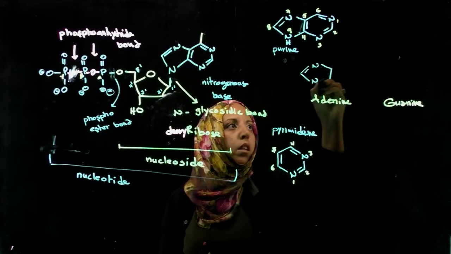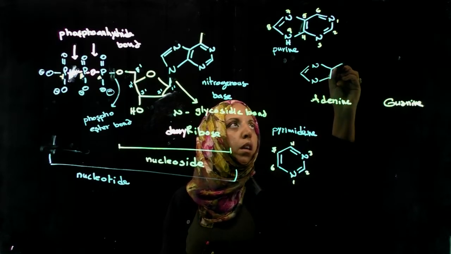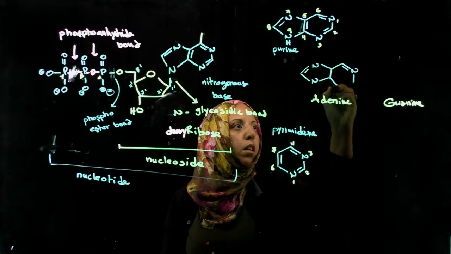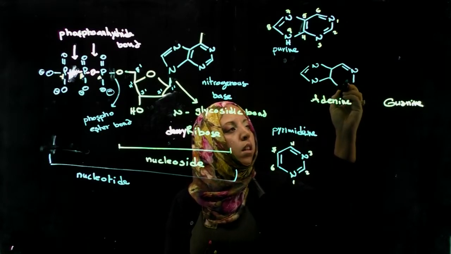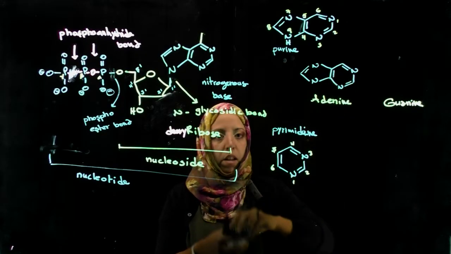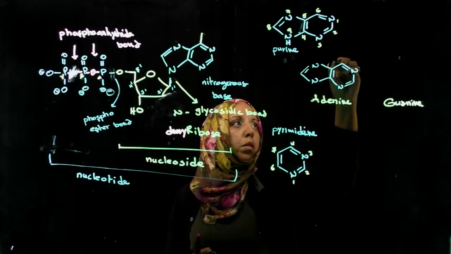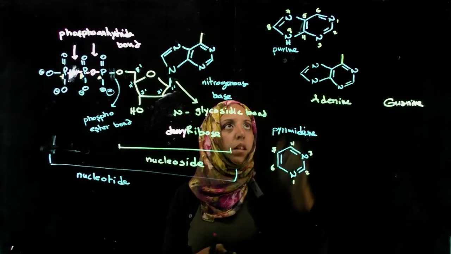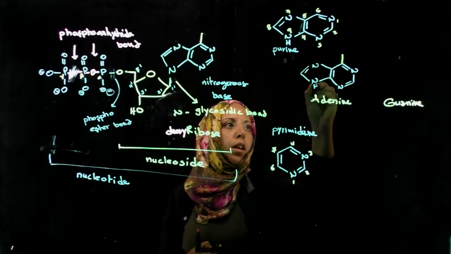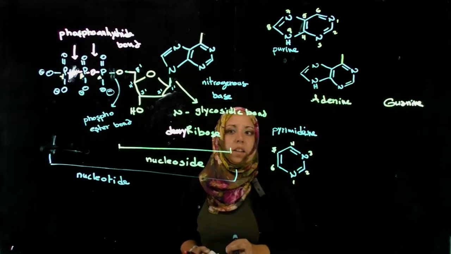Adenine is simple because it's exactly like a purine, except it has an amine group, right? There's a hydrogen here, but notice that's really later where the bond forms, but I'll keep the hydrogen. That's adenine.